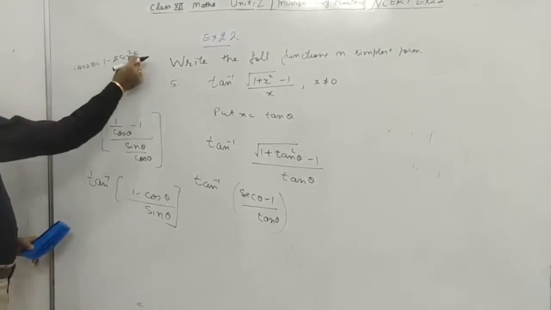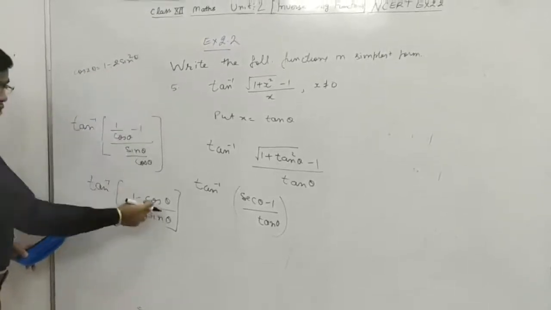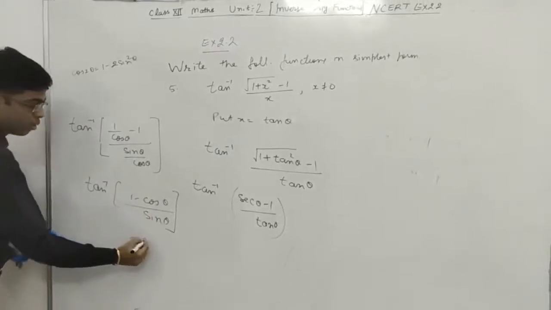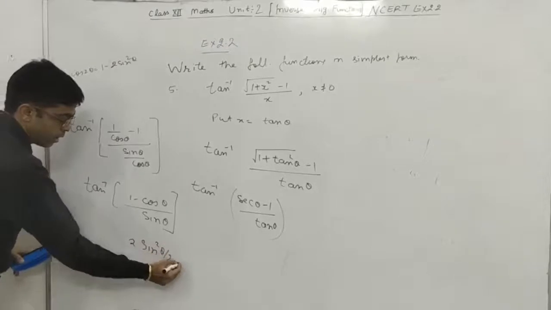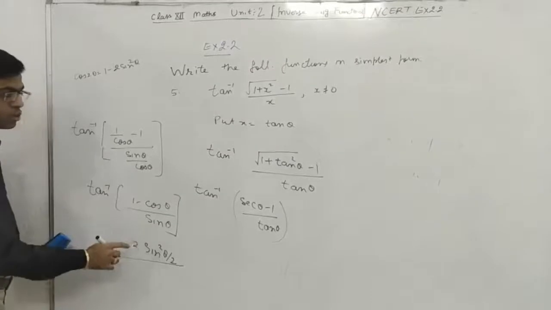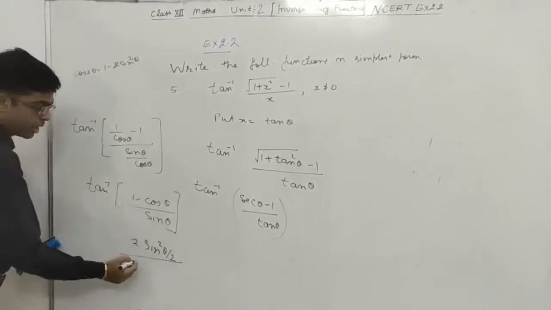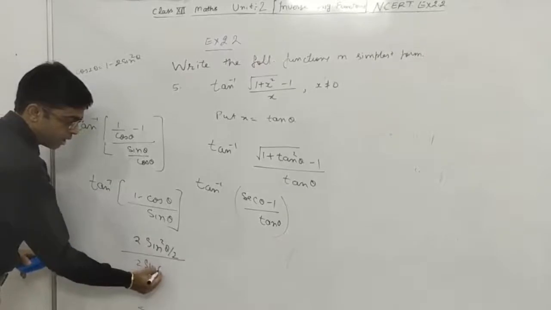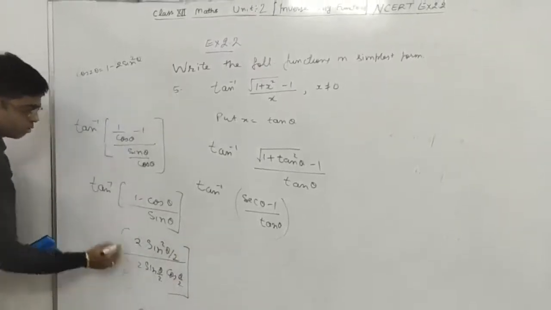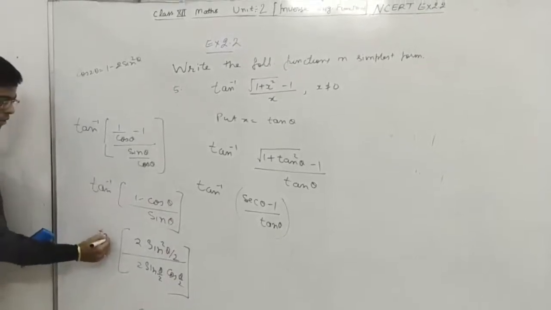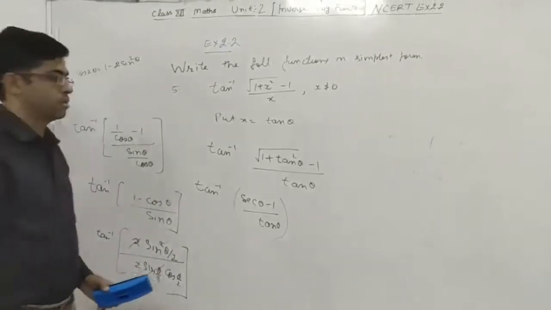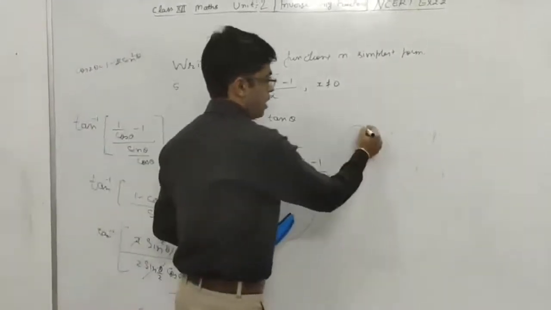If there is a double angle, the other side will be half of it. So 1 minus cos theta will be 2 sin square theta by 2, and sin theta, from the formula sin 2 theta equals 2 sin theta cos theta, will be 2 sin theta by 2 cos theta by 2. So 2 and 2 cancel out, and one power is cancelled out.